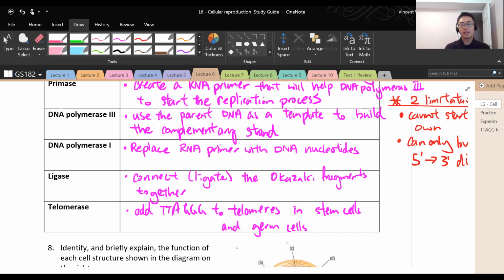Otherwise, when you have a kid, you will be passing on chromosomes that have short telomeres, and then each generation will get shorter and shorter, and eventually we won't be able to have kids anymore, right? So in the germ cells, we reset the telomeres, and then the kid is born with fresh new telomeres. Then when they divide, they shorten their own telomeres instead.